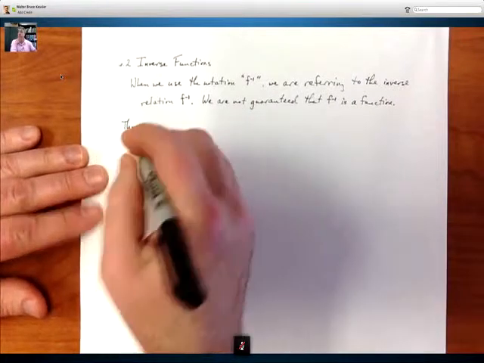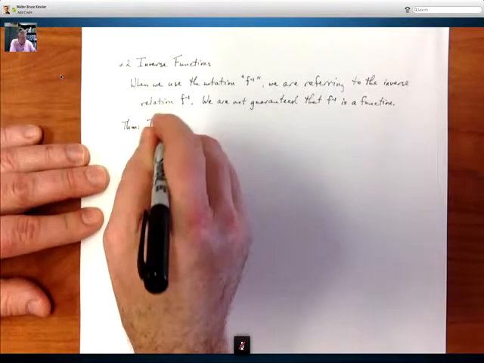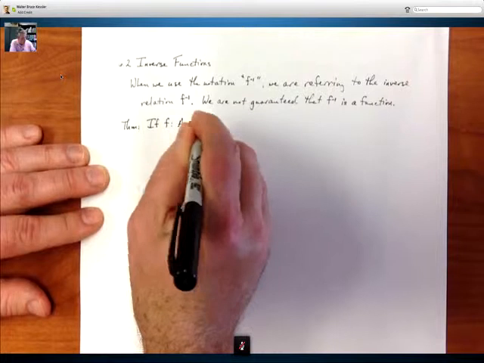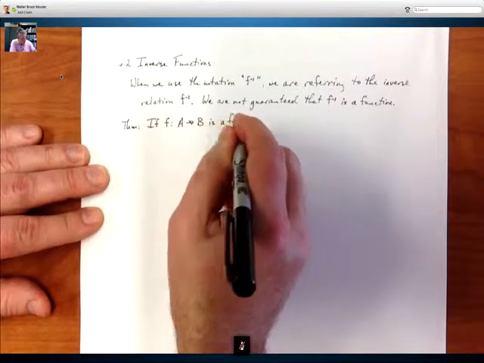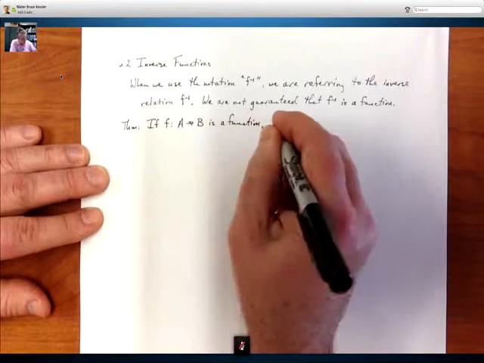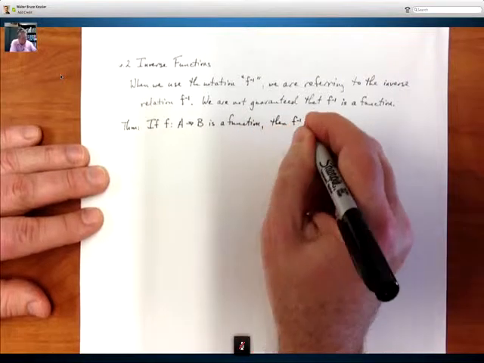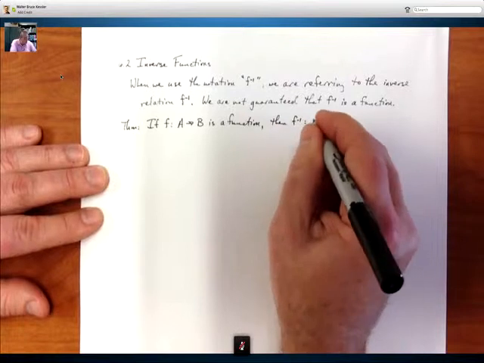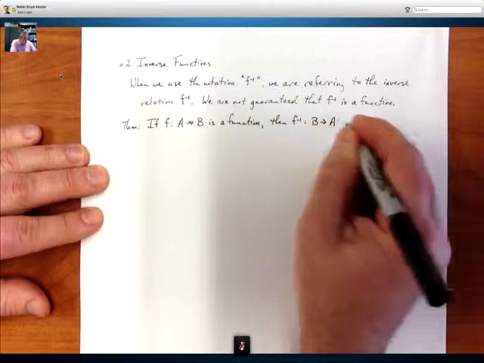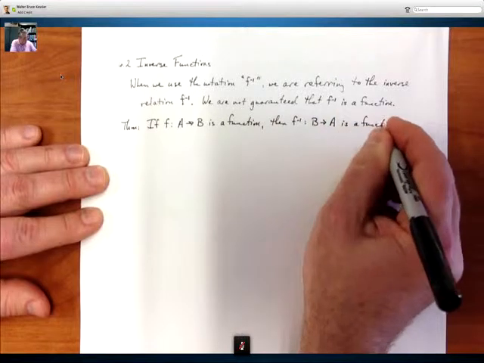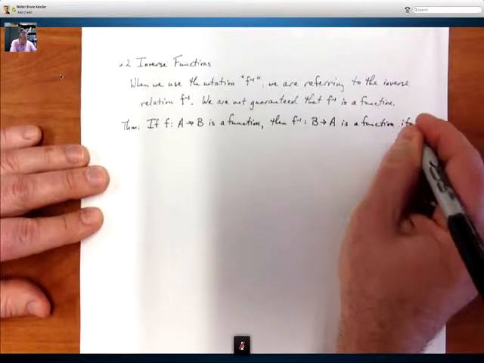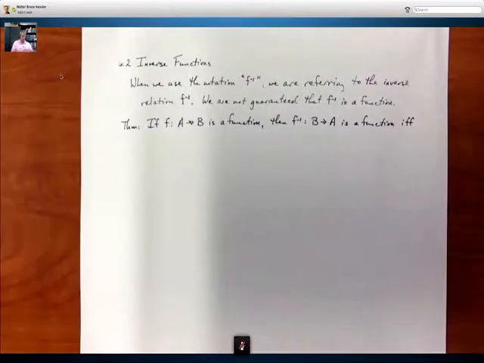So let's establish one thing: if f going from A to B is a function, then f inverse going from B to A is a function if and only if, and if you remember from your old college algebra days, f has to be 1-to-1, and also onto.